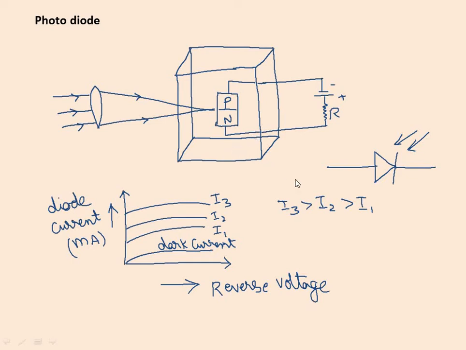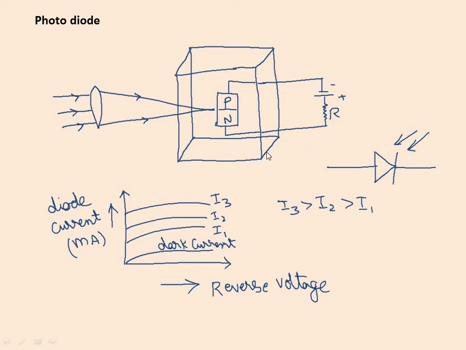Right. So first of all, when it is in dark condition, what do you mean by that? Let's understand the working. When a photodiode is kept under a dark condition and a reverse voltage is applied, an almost constant current, independent of the magnitude of the reverse bias, will be obtained.